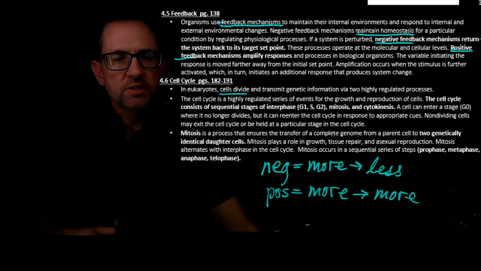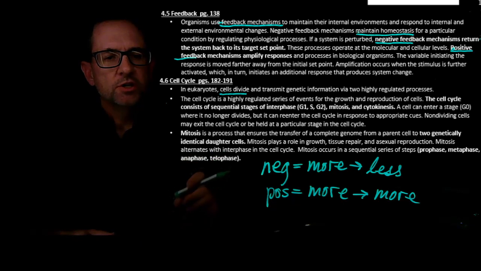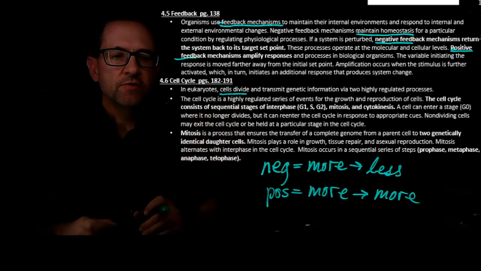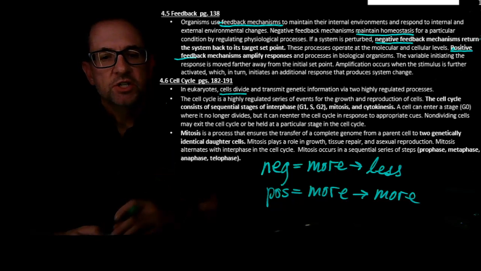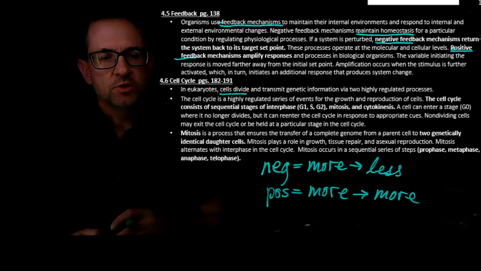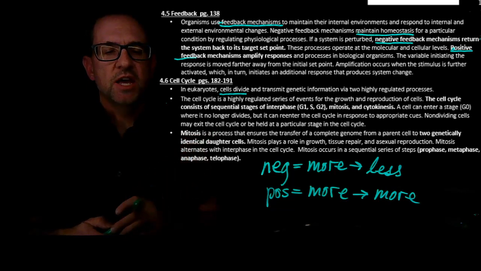The cell cycle consists of stages of interphase, G1, S, and G2. Remember, those are all interphase. Then we have mitosis and cytokinesis. A cell can go into G0 where it no longer divides, but it can re-enter the cell cycle in response to any cues.